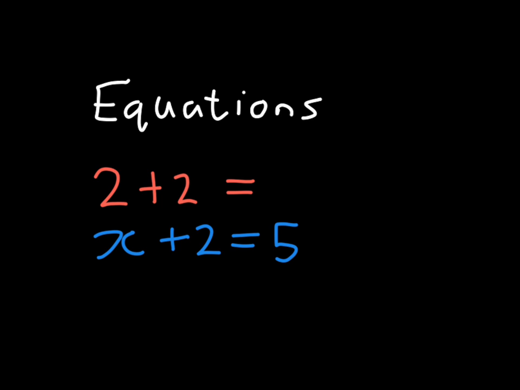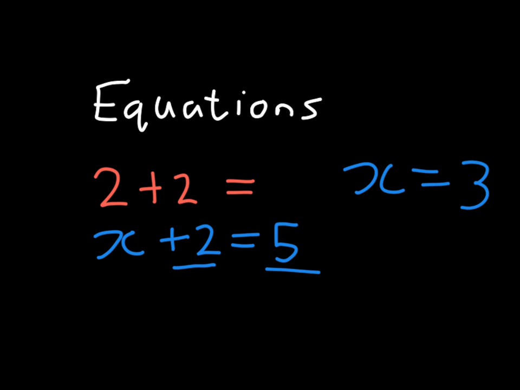Now, another way of looking at this is just by simply saying x plus, or rather 2 plus what, gives us 5. So we know that 2 plus 3 is equal to 5. Another way of figuring that out would be to subtract 2 from 5, and that gives us that x equals 3.